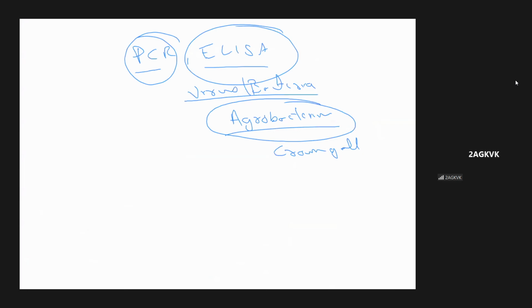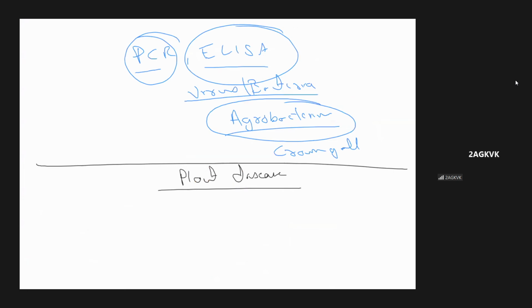With this, we will just end by talking about another important topic, what is called a plant disease. A plant and a disease, you know very well. When a plant is suffering, that is, not developing and functioning in a normal manner, then we call this a plant disease. What is a plant disease?